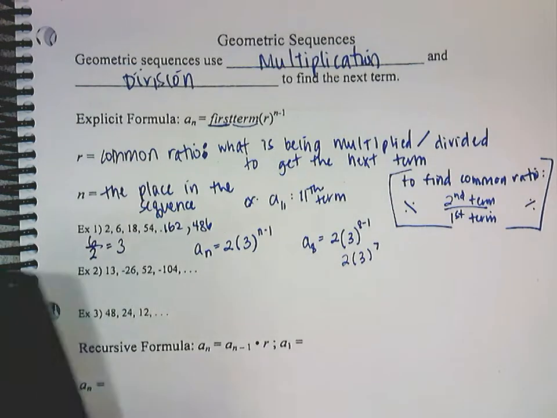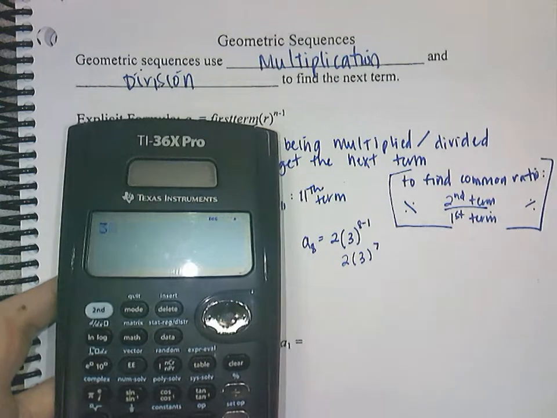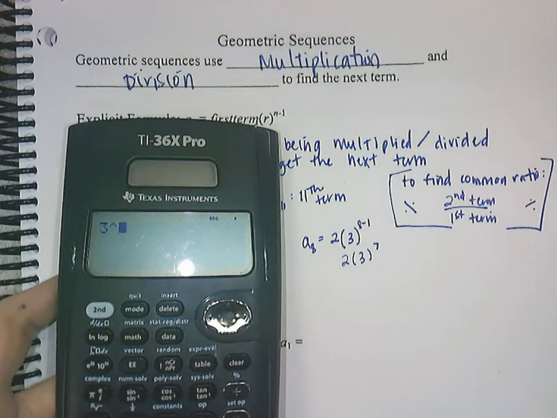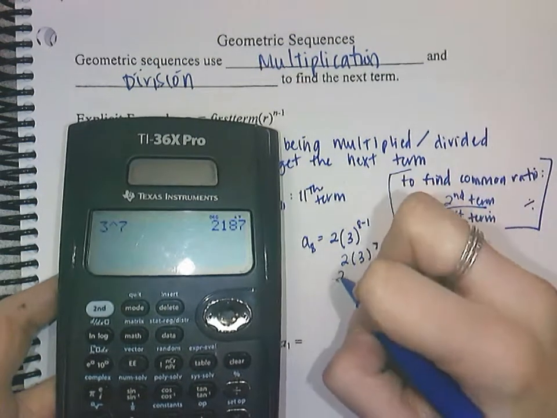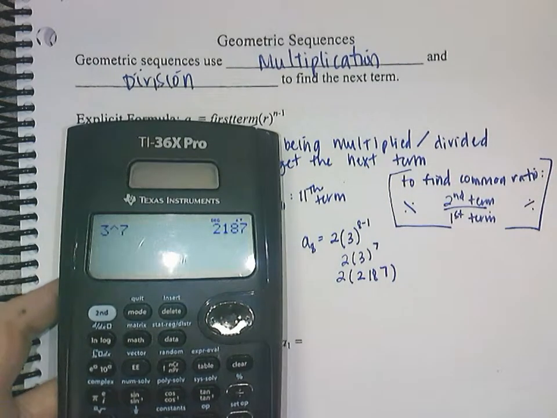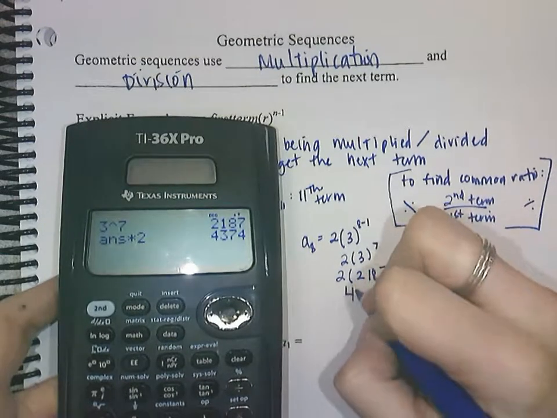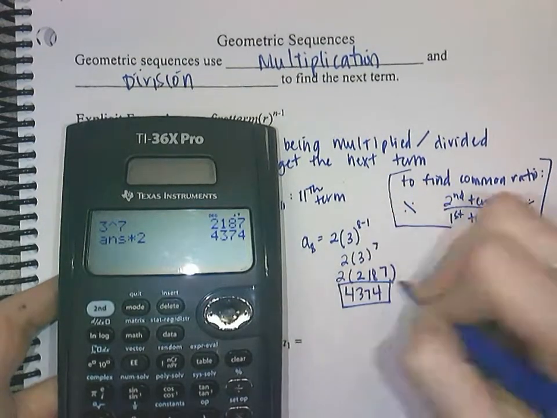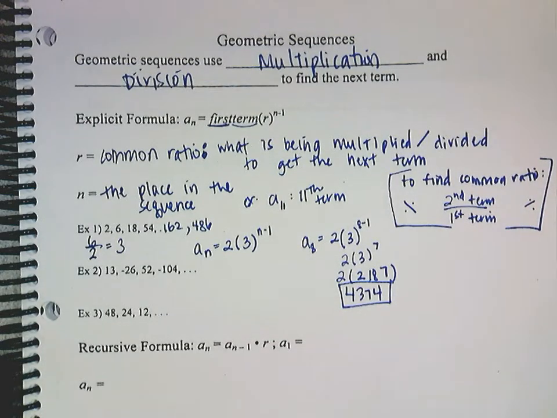On the calculator, 3 to the 7th power is 2187, a large number. Remember, exponents go first. Then we multiply this number by 2, and our final answer is 4374. So the 8th term for this sequence is 4374.